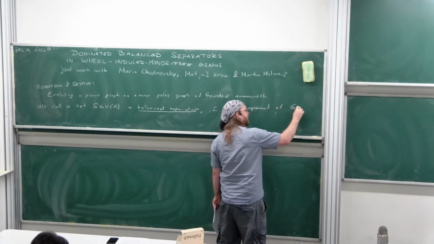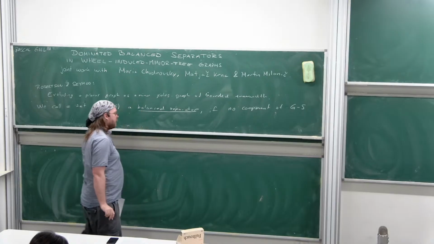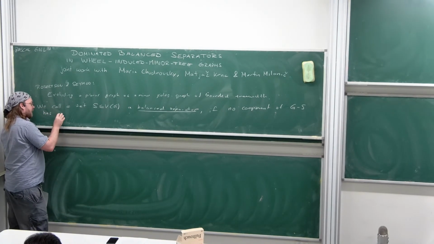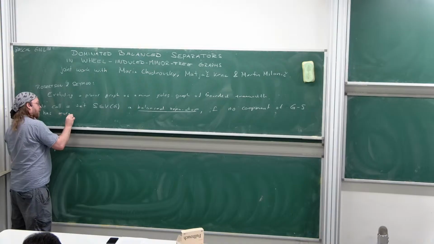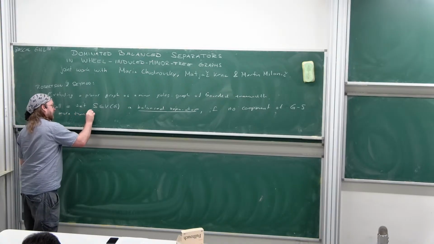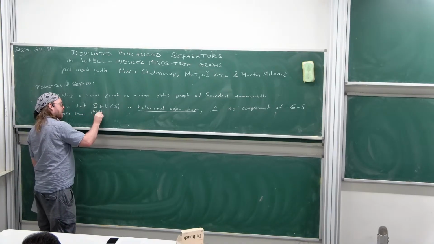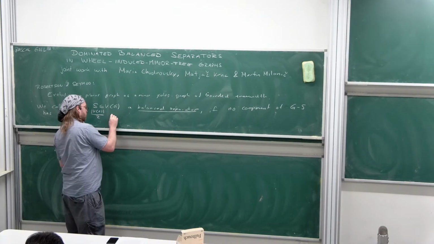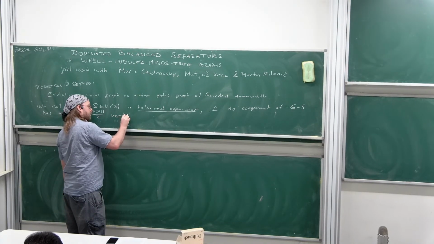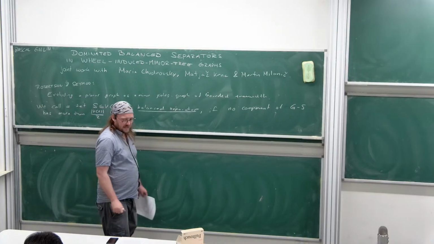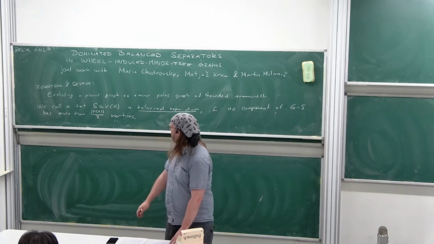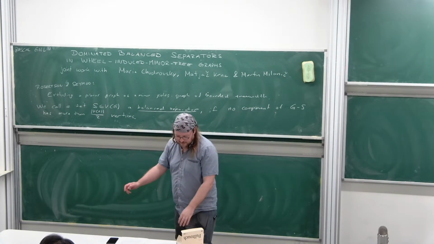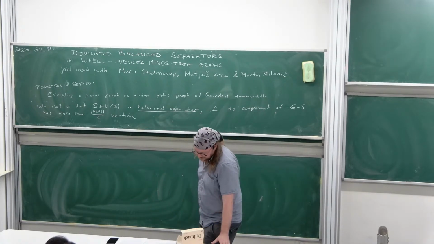So if I delete S from the graph, no component has more than half of the vertices. And this is a very useful building block in this whole theory.